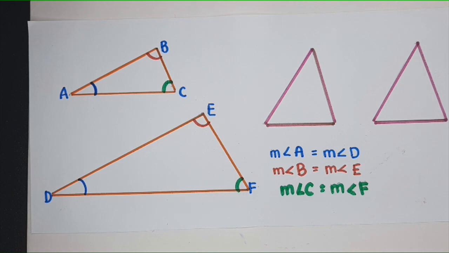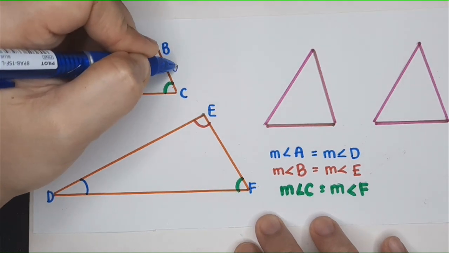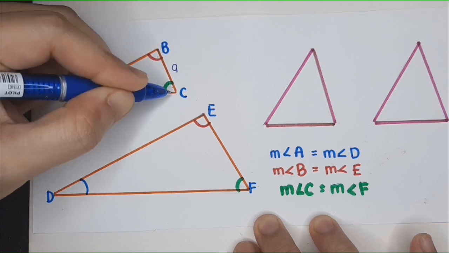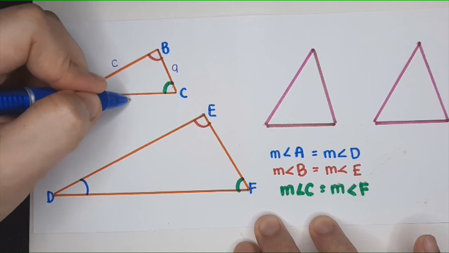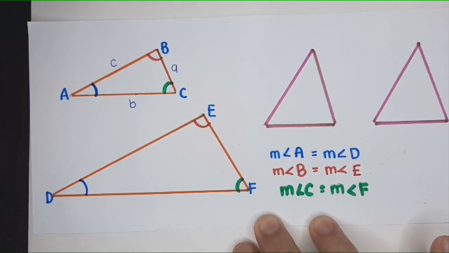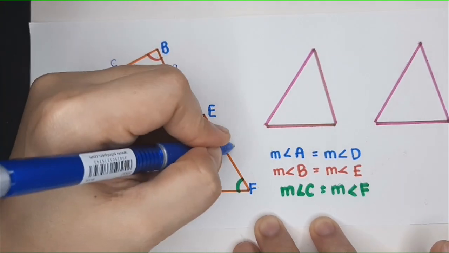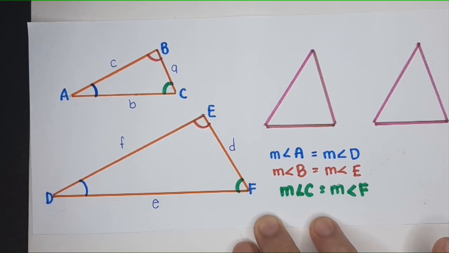So, let me write that. Ito yung opposite side ng angle A. So, I'm going to use small a. This one, I'm going to use small c, kasi opposite side ni angle C. Ito naman, this is the opposite side of angle B. So, I'm going to use lowercase letter b. So this is side E. This is side D. Ito, side F. So, ang sinasabi kapag similar triangles, anong meron sa corresponding sides?